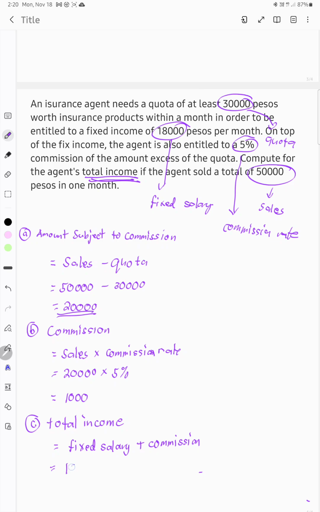The fixed salary is 18,000 plus the commission, which is 1,000. So, therefore, the total income is 19,000 pesos. And those are some problems related to commission.